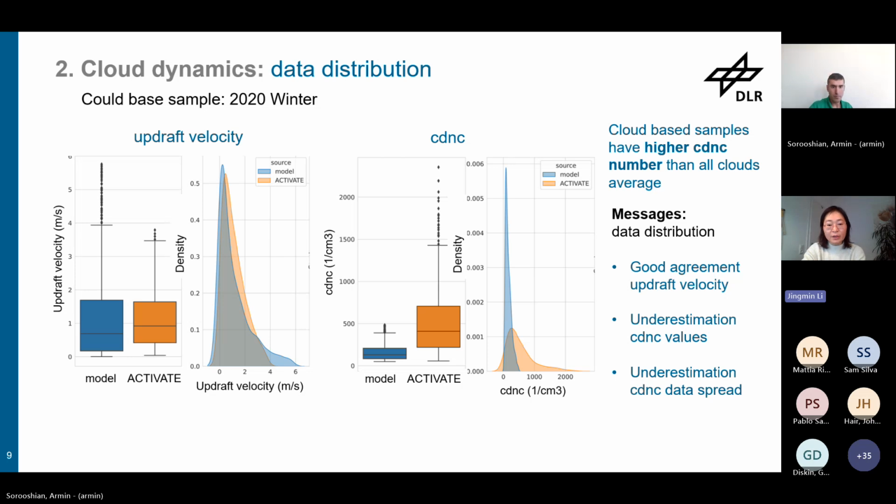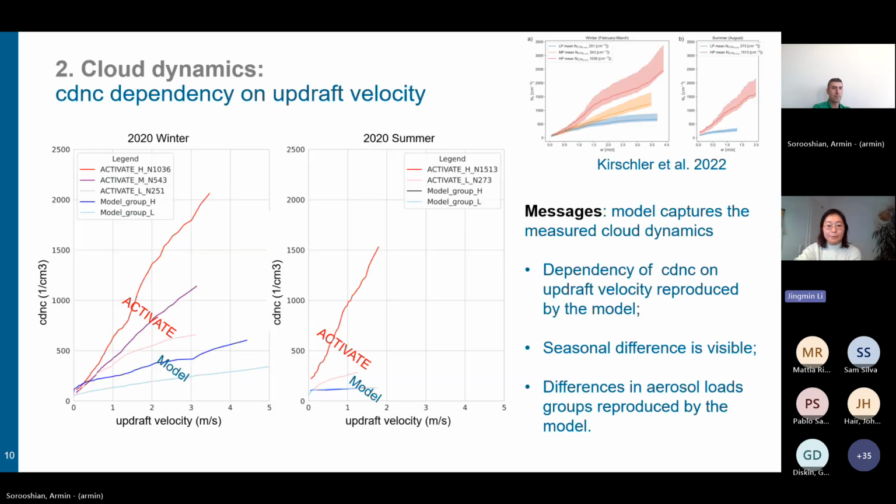We see a very good agreement for the updraft velocity, but on the right plot we see that the model underestimates the CDNC value at cloud base. The model also underestimates the data spread of CDNC value at cloud base. Next slide, please.